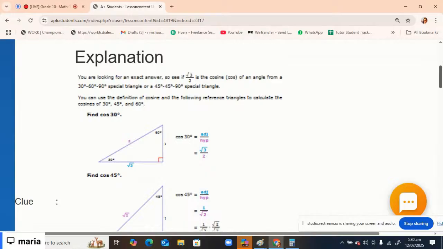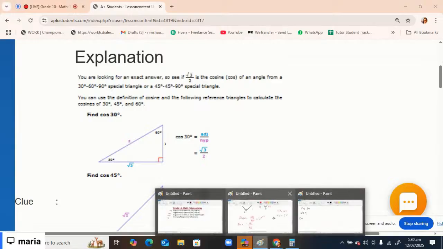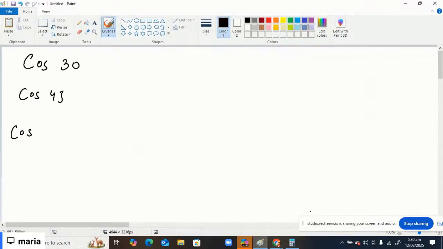So we are going to use these triangles to find cos 30. These are the corresponding triangles, and this is cos 60.